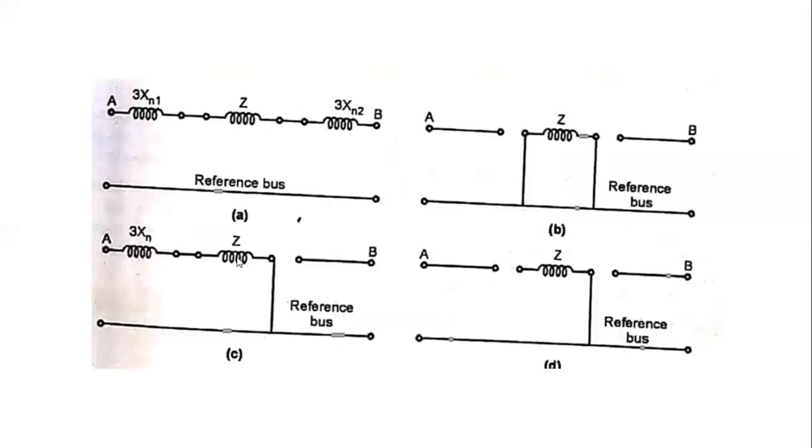Understand what delta means? There is a path between the impedance and the reference bus, and it is an ungrounded system. There is no grounding. That's why in the secondary side no grounding means open circuited.